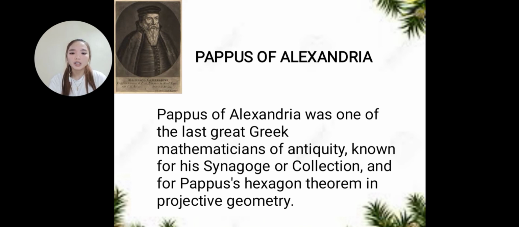Pappus was born in 290 AD in Alexandria, Egypt. Little is known about Pappus's life, but according to his writings, he was a teacher in Alexandria. He is known as one of the last Greek mathematicians.